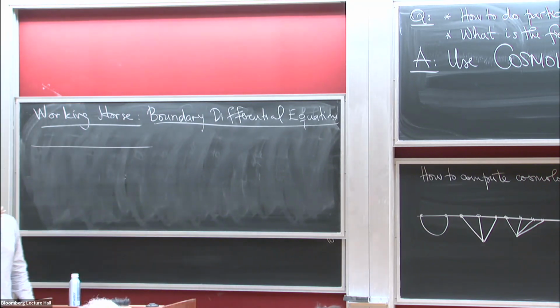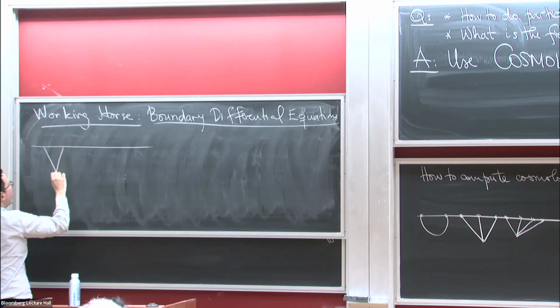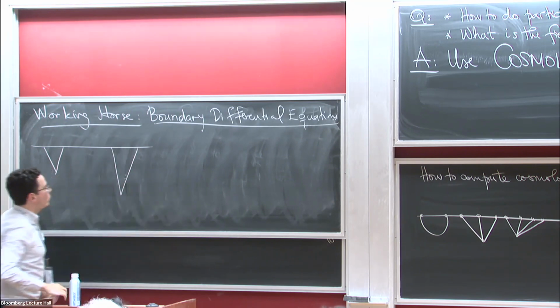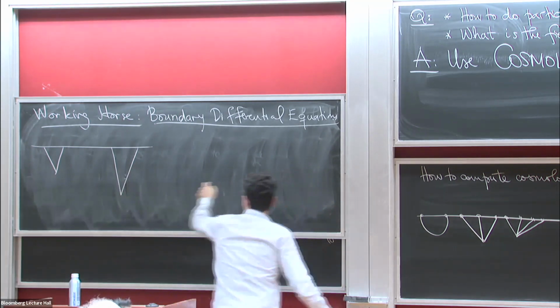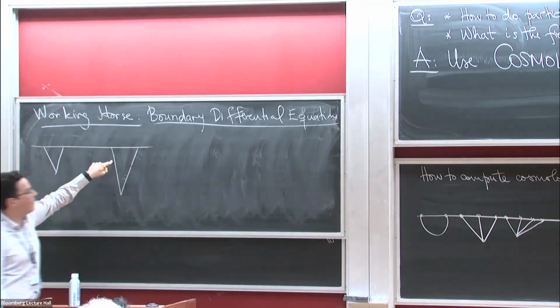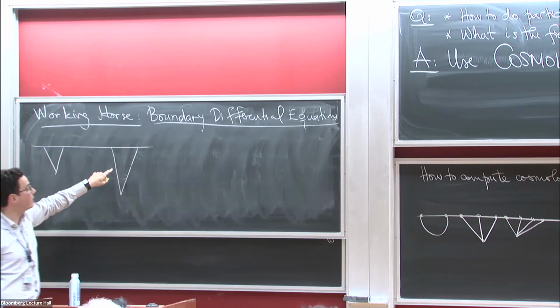Here, I'm going to do the computation in de Sitter space, and then I'm going to introduce the toy model later. If you are in de Sitter space and you have curvature perturbations that you really want to connect to the data, you would like these particles to be very light, even massless.